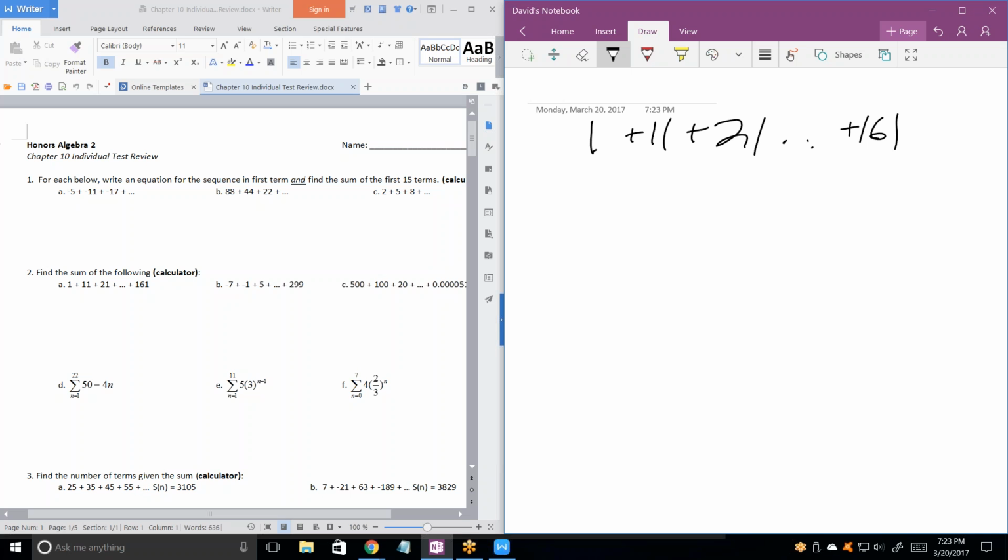Arithmetic. Okay. So we know that in order to find the sum, and that's all they want, what's our general formula for the sum of an arithmetic? Number of terms divided by 2, and then times first term plus last.